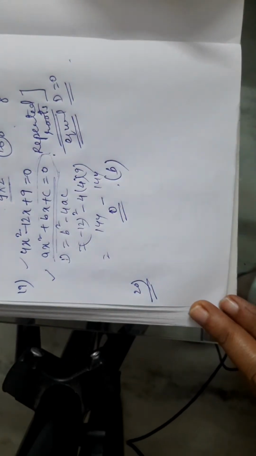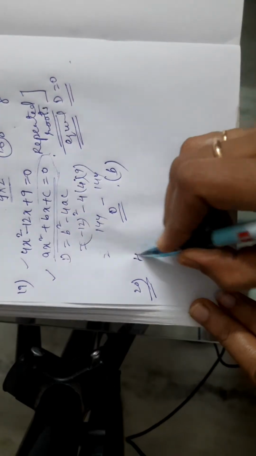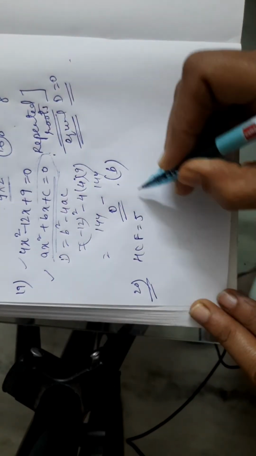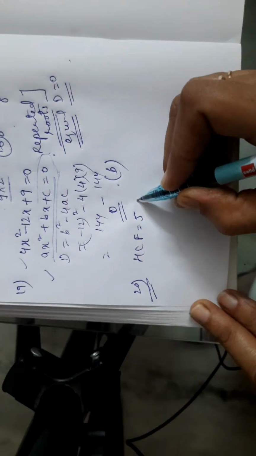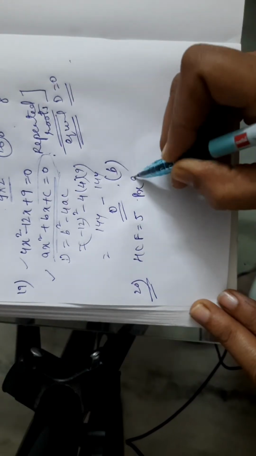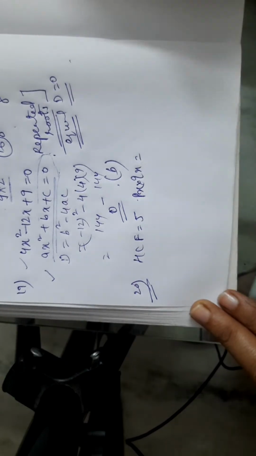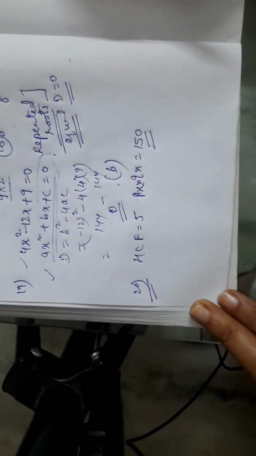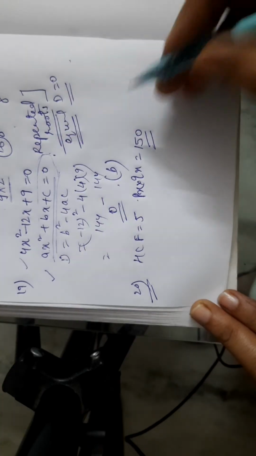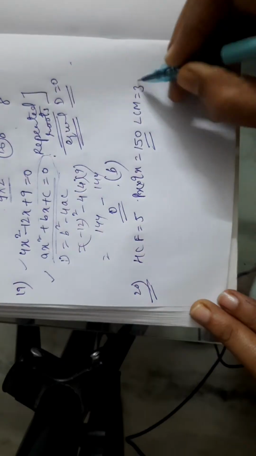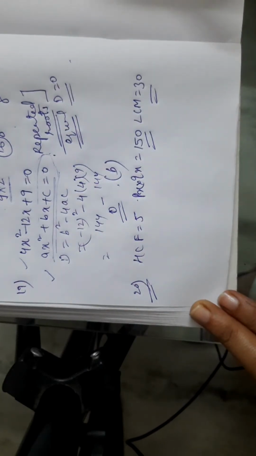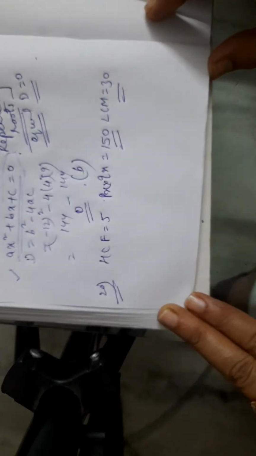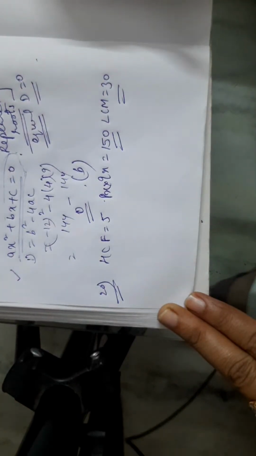HCF of two numbers is given as 5, and their product, that is P of x and Q of x, is given as 150. Then the LCM is 30. Okay, this is the assertion.